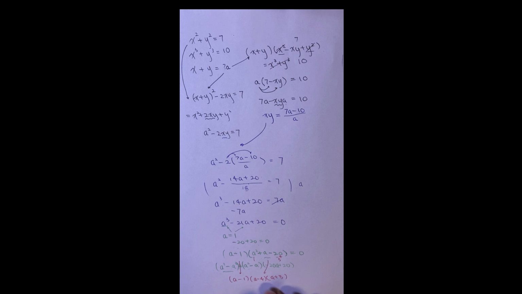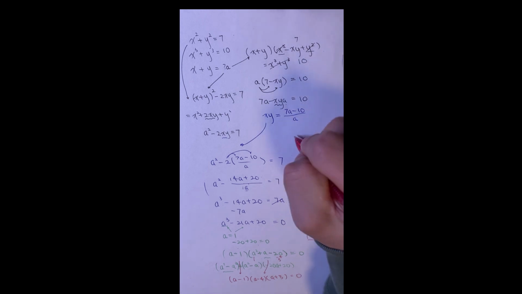Because negative 4 times positive 5 is indeed negative 20, and their sum is indeed a. And that equals 0. So now we end up with 3 answers for this. We get a equals 1, a equals 4, and a equals negative 5. So that is the answer to this question.